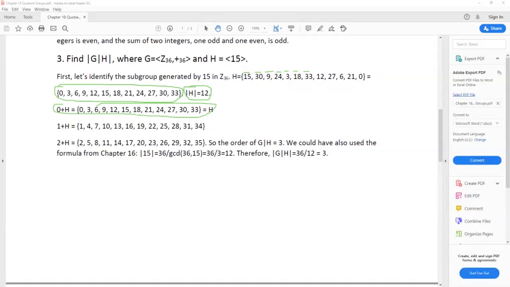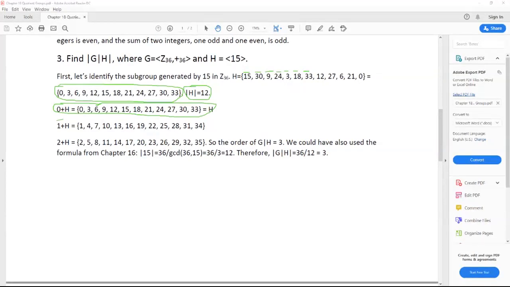And then, of course, we can add 1 to any multiple of 3, and that would give us this set. For example, if you add 1 to 0, you get 1. If you add 1 to 3, you get 4, and so on. And then if you add 2 to any multiple of 3, we generate this set.